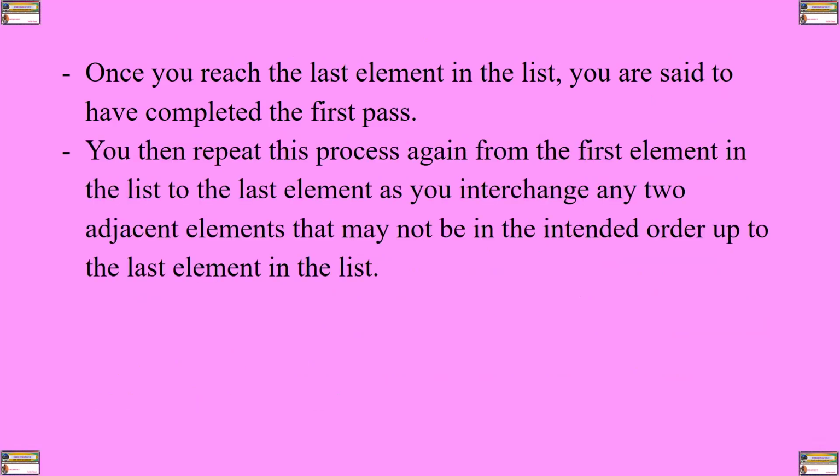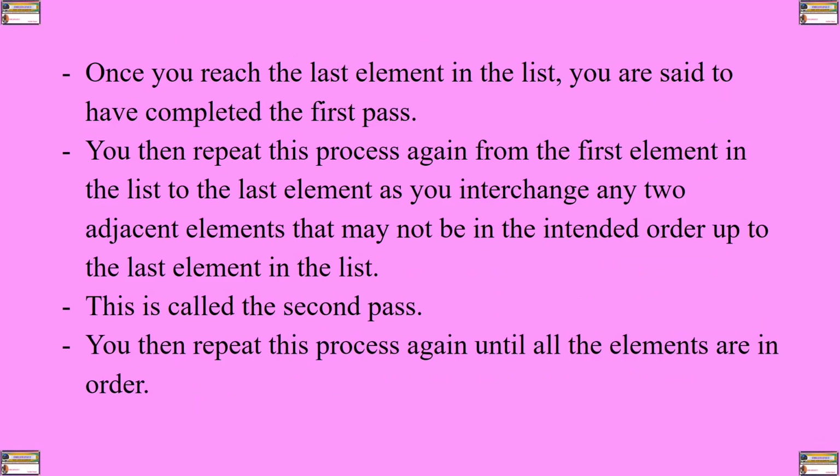Then you repeat this process again from the first element in the list to the last element as you interchange any two adjacent elements that may not be in the intended order up to the last element in the list. This is called the second pass. And therefore, you continue repeating this process again and again until all the elements are in order.